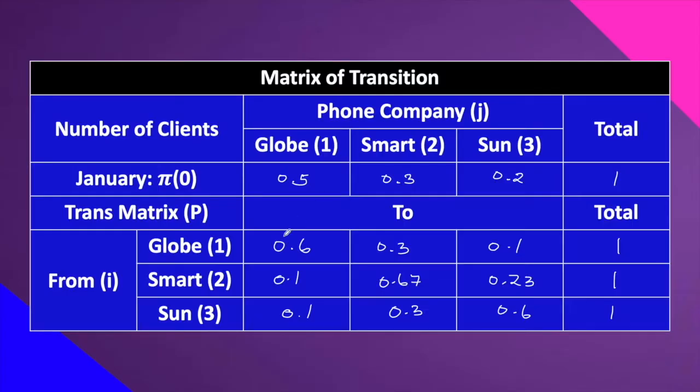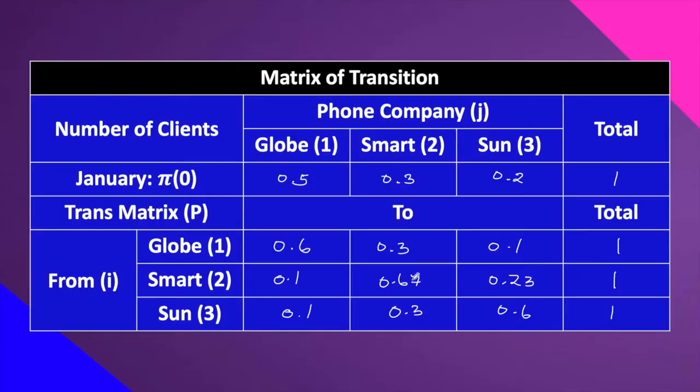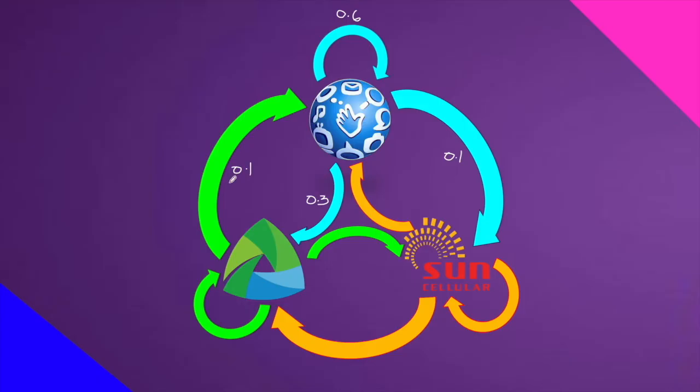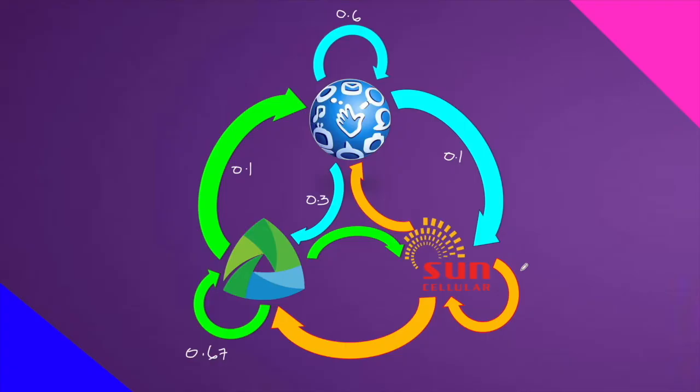Next, we have from Smart to Globe, 0.1. Next, we have Smart to Smart, 0.67. Smart to Smart, here, 0.67. And next, we have Smart to Sun, 0.23.